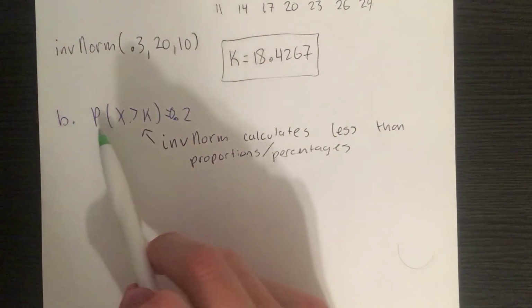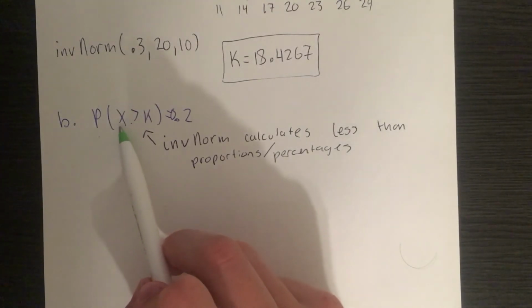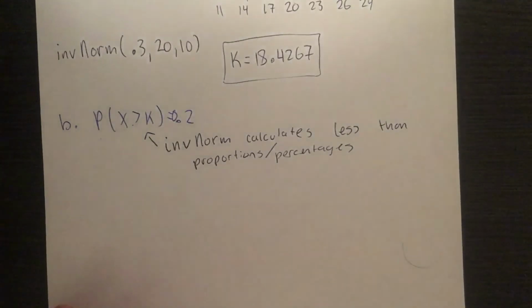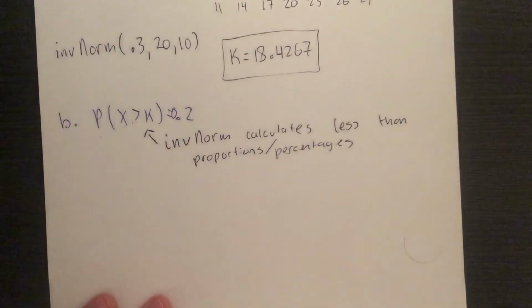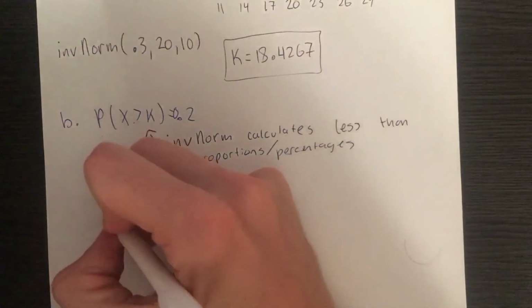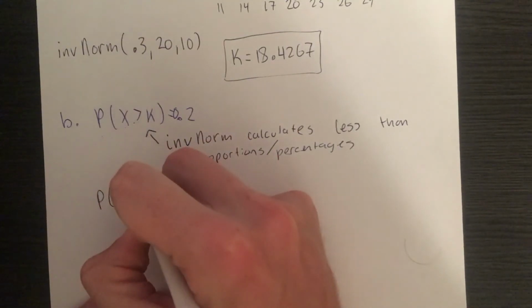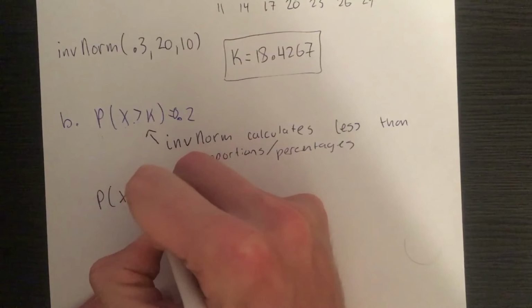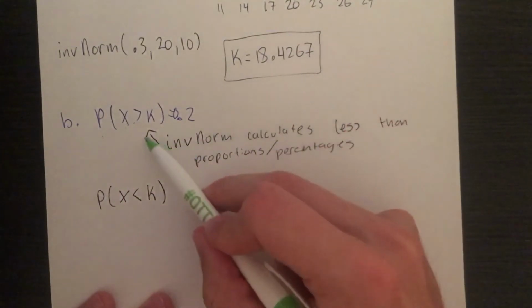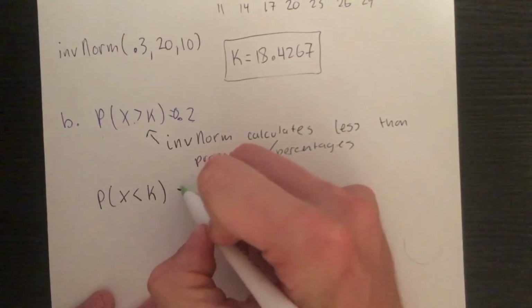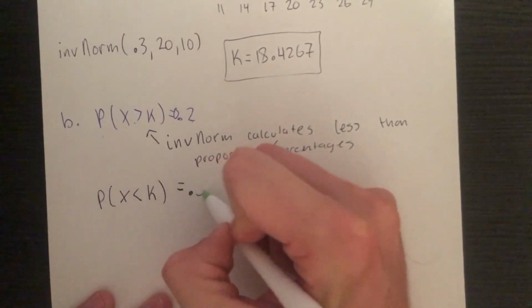if the probability of observations of X that are greater than K is 0.2, since my calculator only does less thans, I'm going to rewrite that such that we're going to say, well, that means that the amount that are less than K, so if the amount that are greater than K is 0.2, the amount that are less than K is going to be 0.8.